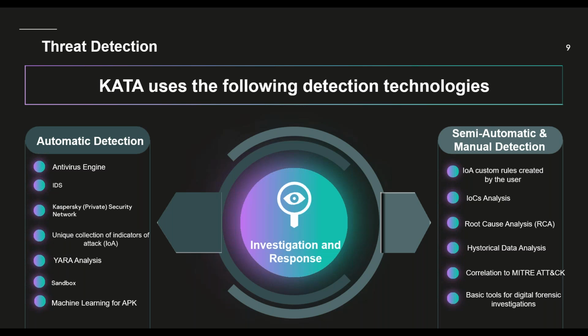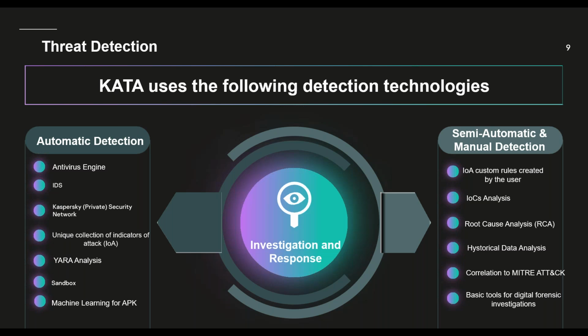On the right side, on the other hand, we have the semi-automatic and manual detection, on which we can do a deep analysis of the data and of the different incidents that the solution is going to find. And based on that, we're going to start doing some root cause analysis. We're going to be doing some correlation with the MITRE ATT&CK framework.